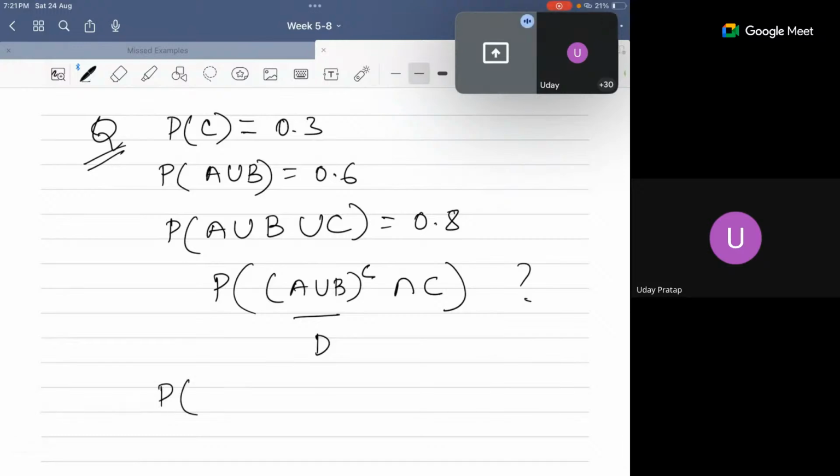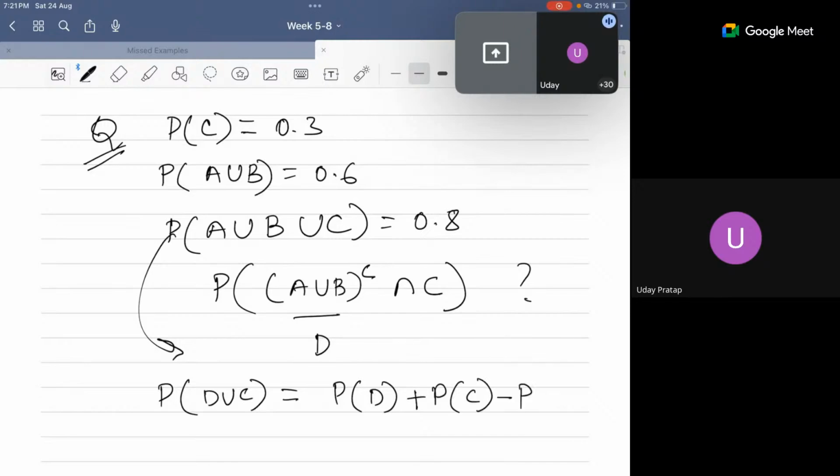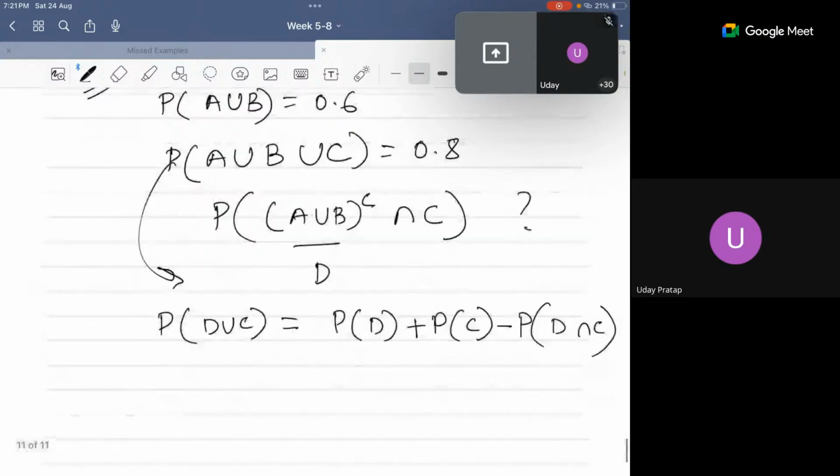then the probability of D union C, I'm writing this. D union C will be what? Probability of D plus probability of C minus probability of D intersection C. Correct? I guess everybody knows that.